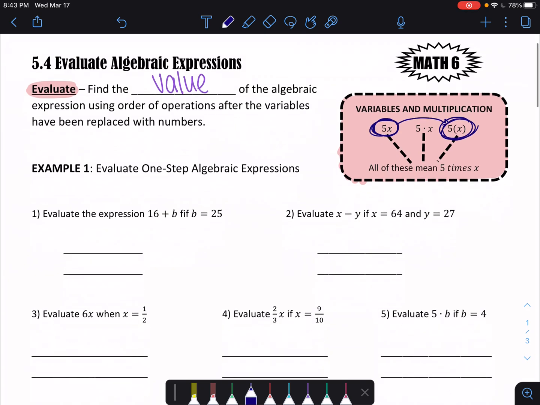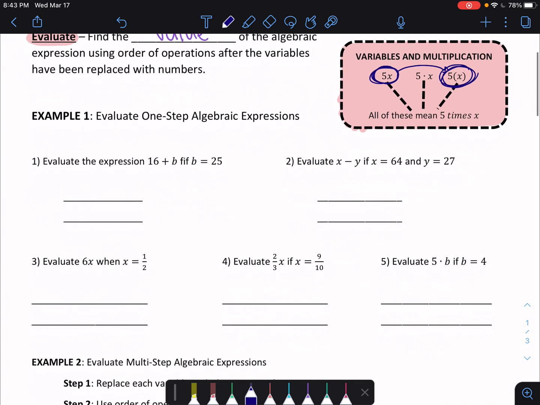So we're going to start with some one-step algebraic expressions. It says evaluate the expression 16 plus b if b equals 25. So we are going to take this 25 and put it in for b. I'm going to write on my first line 16 plus 25.